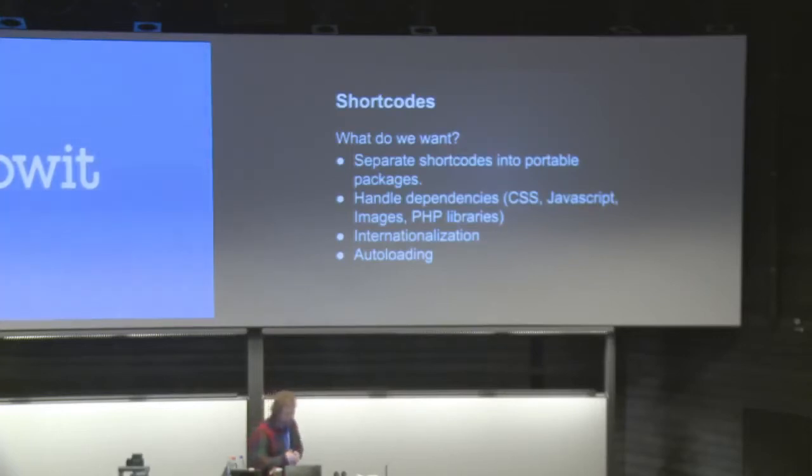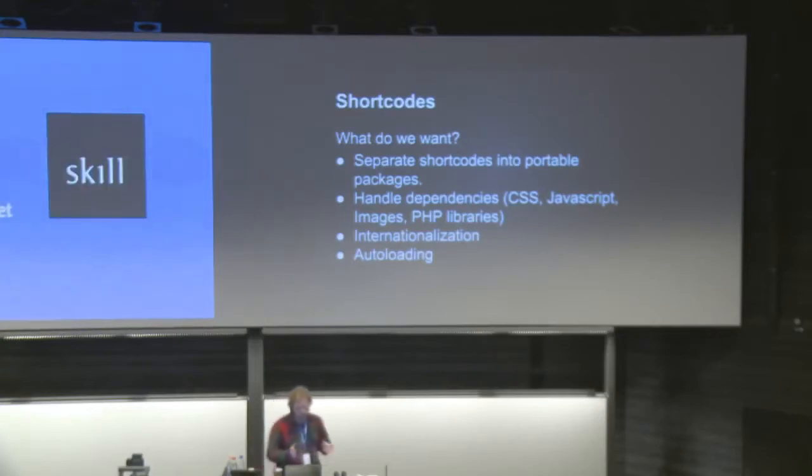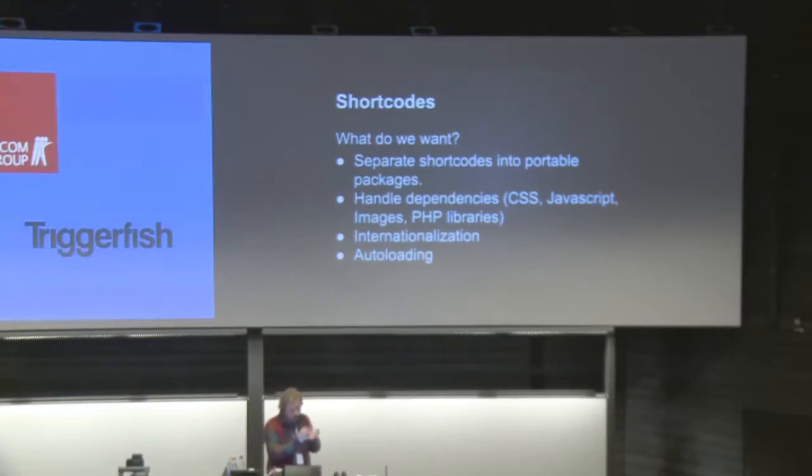So the requirements are a little different, but perhaps we can build on the same base that we already set up to create shortcodes that you can then use as portable little tiny packages.